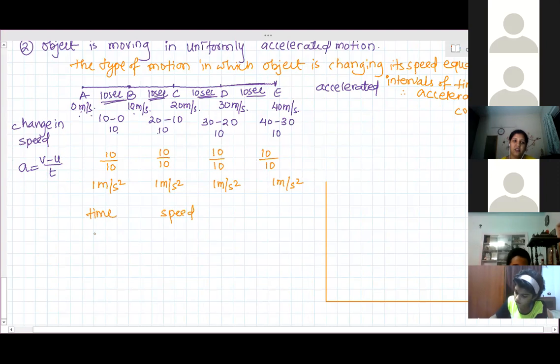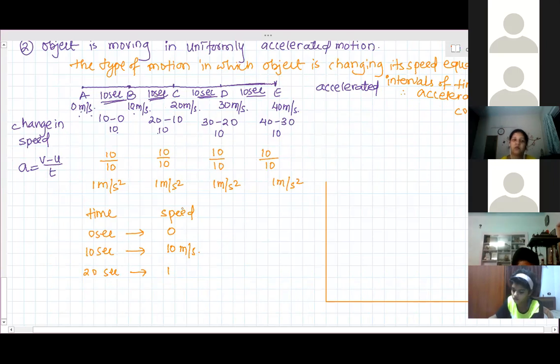In the first 10 seconds, what was the speed? It starts from 0. So 0 seconds, 0 speed. In the next 10 seconds, the speed will be 10 meters per second. In 20 seconds, what was the new speed?